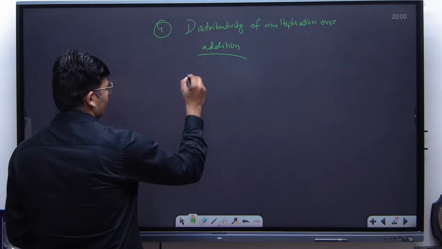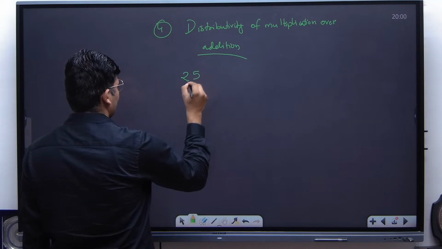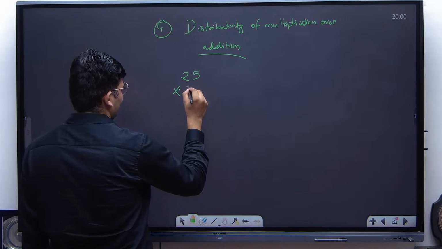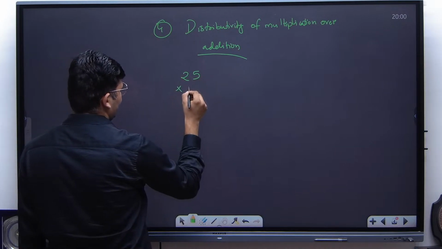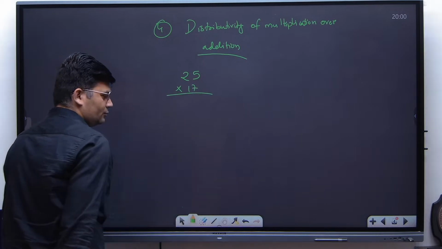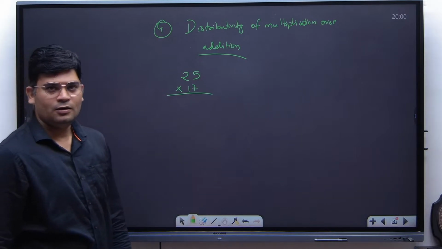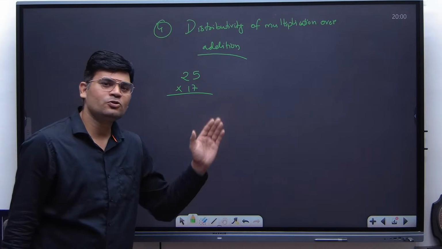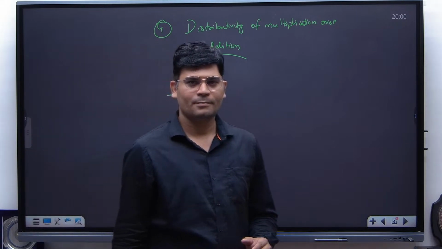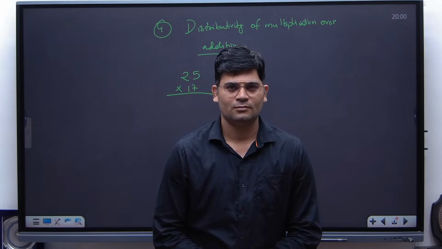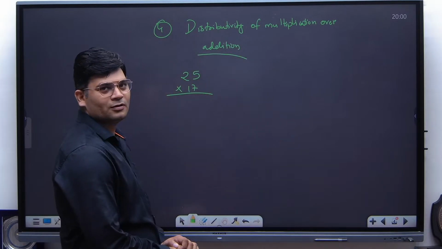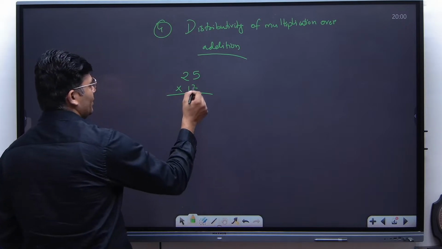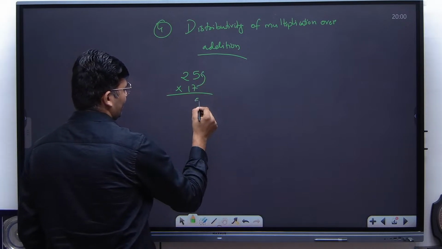Suppose I ask you to multiply 25 into 17. Can you do this multiplication horizontally? First, you multiply 7 into 5, you say 35.